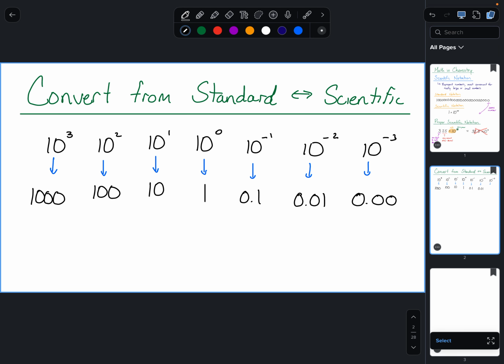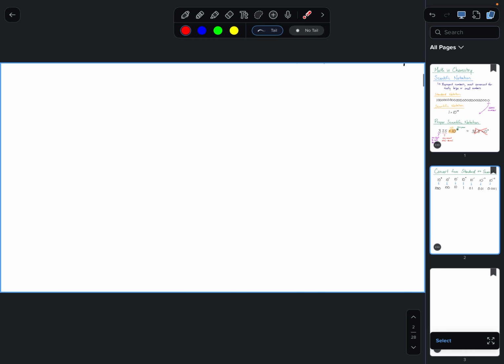So now we're representing smaller and smaller numbers by adding zeros to the right of that decimal point. This is the first step in jumping in and out of scientific notation: taking a step back and asking, do I have a big number or a little number? Should I be using a positive exponent or a negative exponent?